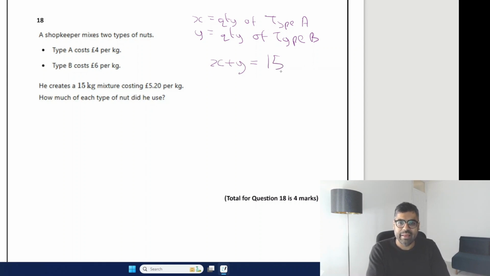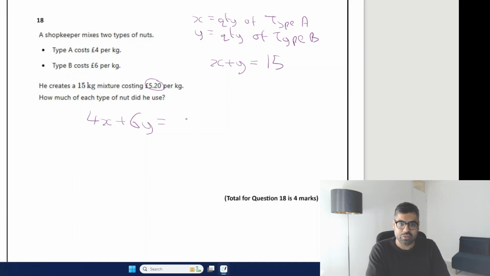Now equation 2 is going to be all to do with the cost. So we know that's £4 per kilogram for type A, and we've got £6 per kilogram for type B. So if we take £4, multiply it by the quantity of type A, then take £6, multiply it by the quantity of type B, that's going to give us the total cost.